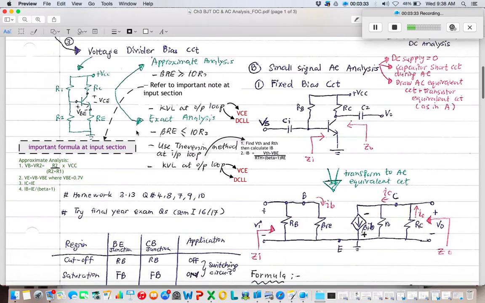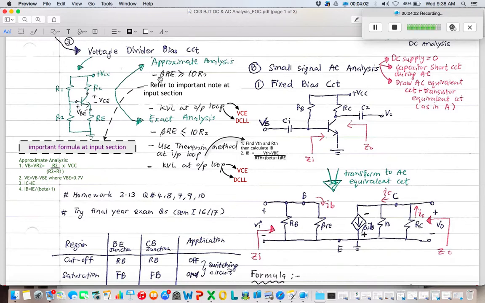Now for the third one, the voltage divider bias circuit, we have two methods to use, either approximate analysis or exact analysis. Which one to choose? You need to test the condition first. What I mean by testing the condition is that you need to calculate the beta RE.